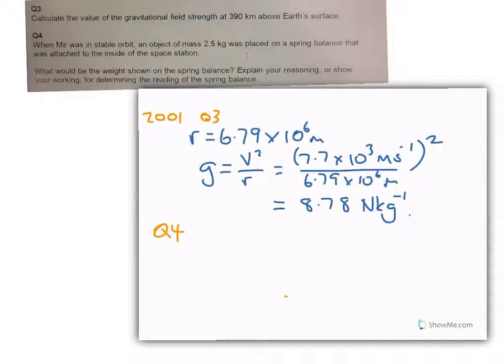So therefore there should be a zero net reaction force between the two of them, because they're both falling at the same rate, and that's what's happening with a stable circular orbit. Everything is travelling at the same speed, everything is travelling at the same rate towards the centre of the Earth, so it's in constant freefall. So therefore the normal reaction force from the spring balance should be zero. So zero is what you get.